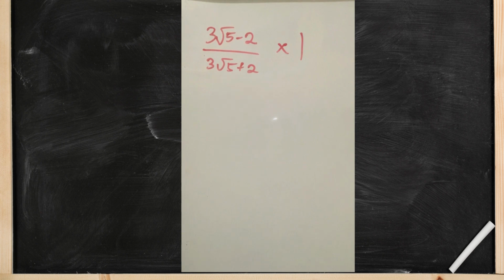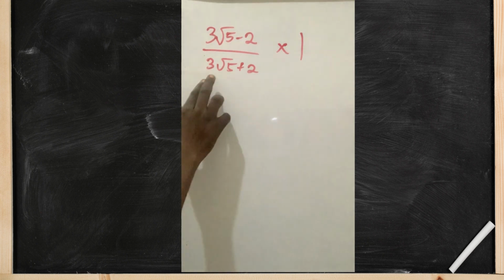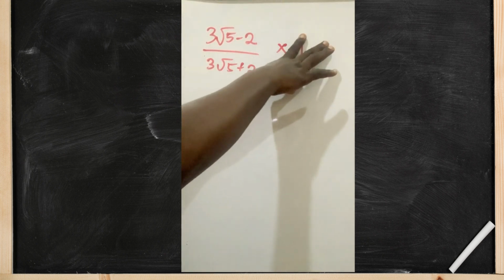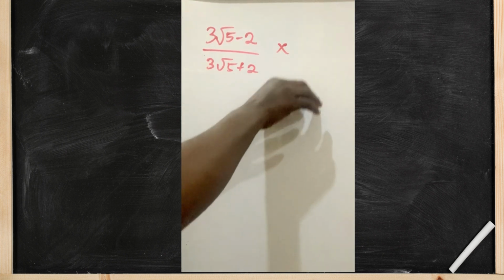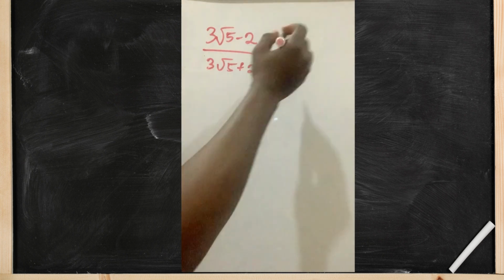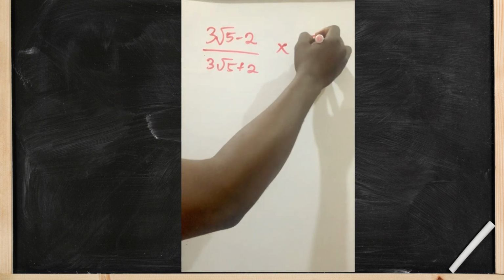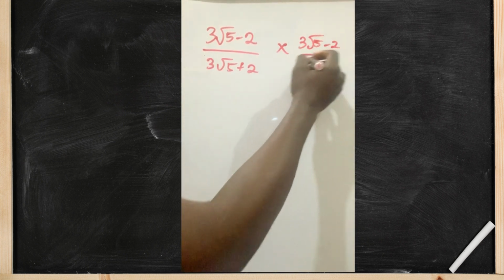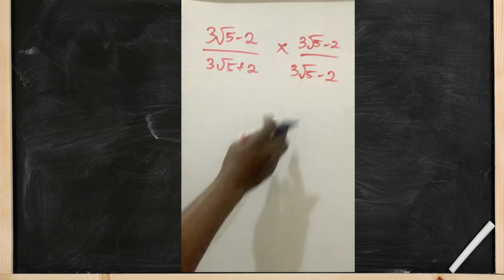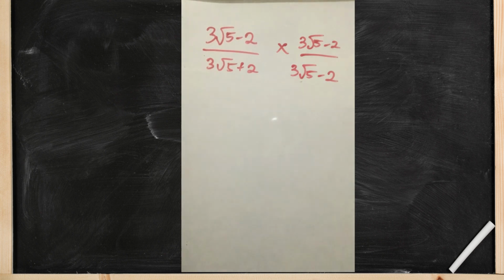Since you're multiplying by 1, what we want to eliminate is the surd that is in the denominator. So we're going to be multiplying this by the conjugate of the denominator. So the conjugate of the denominator is this. Multiply both numerator and denominator by the conjugate of the denominator in order to eliminate this.